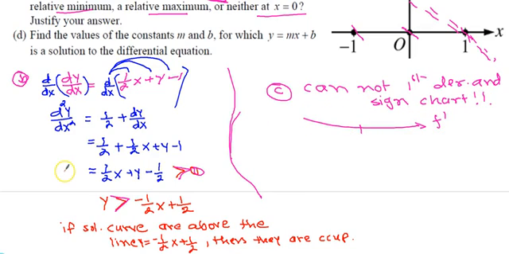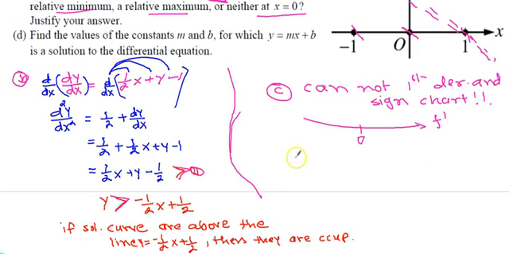You have only x value 1 is 0, but you have no idea what the other y values are. You are not given the whole y values. You cannot make a sign chart. So you have to use the second derivative test, which we already have a second derivative here.